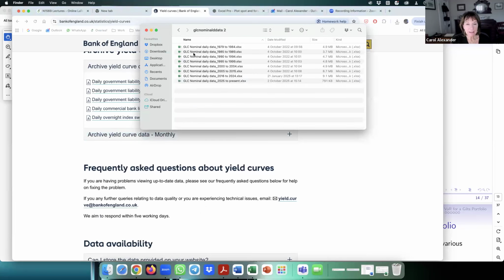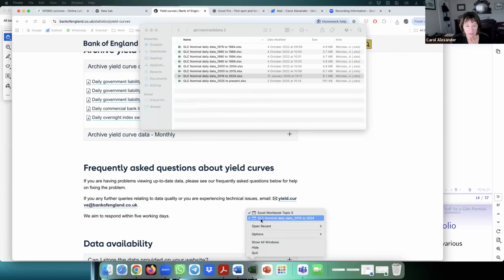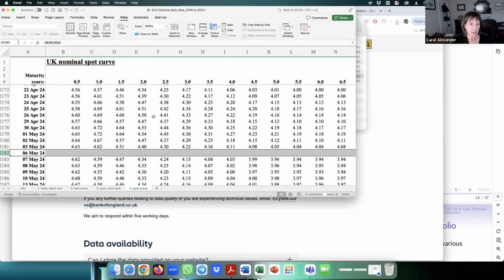I get all these different Excel files going back to 1979. So I've given you in Excel Workbook 5 the nominal data, which is here.